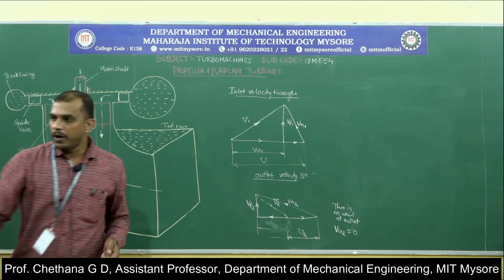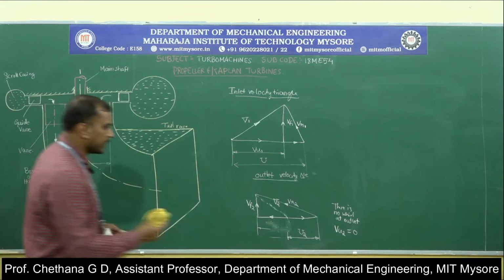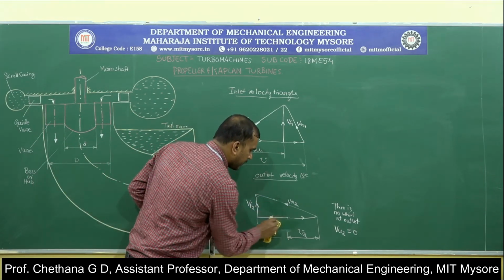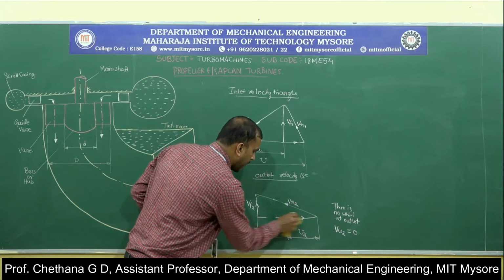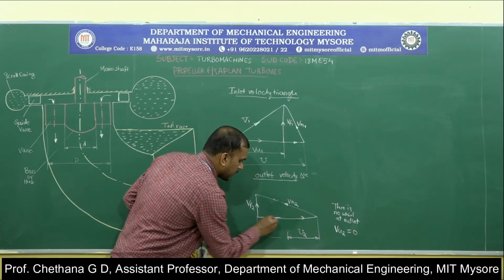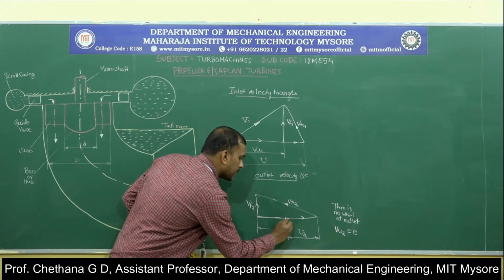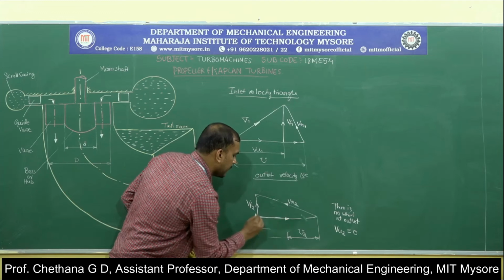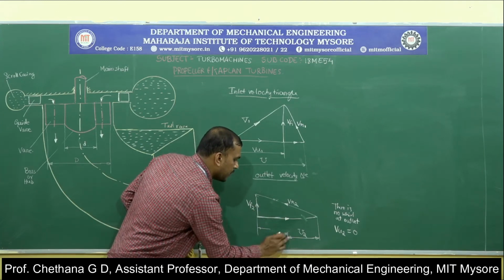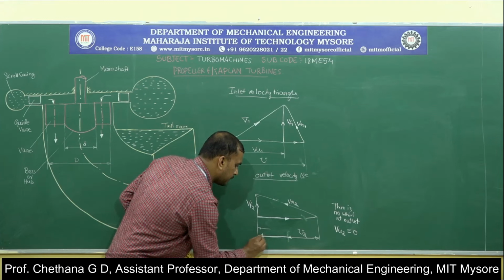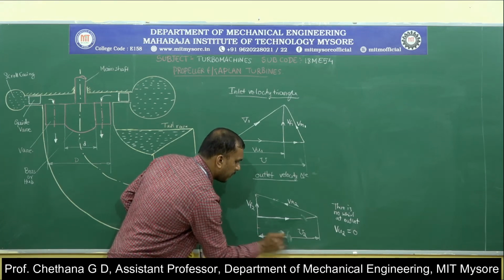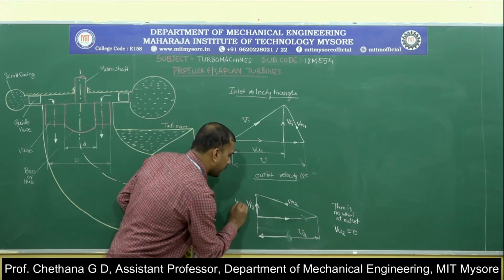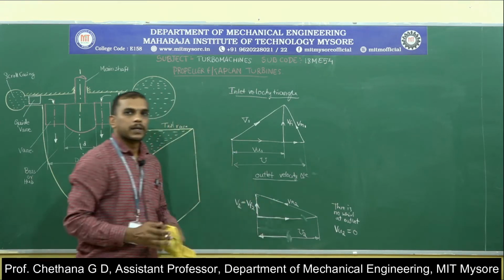Now, if you modify this, now this will be the velocity triangle that you have. This of course should be in the same direction as U here. Now U2 should be from here to here, then this is Vf2. Now V2 is equal to Vf2.